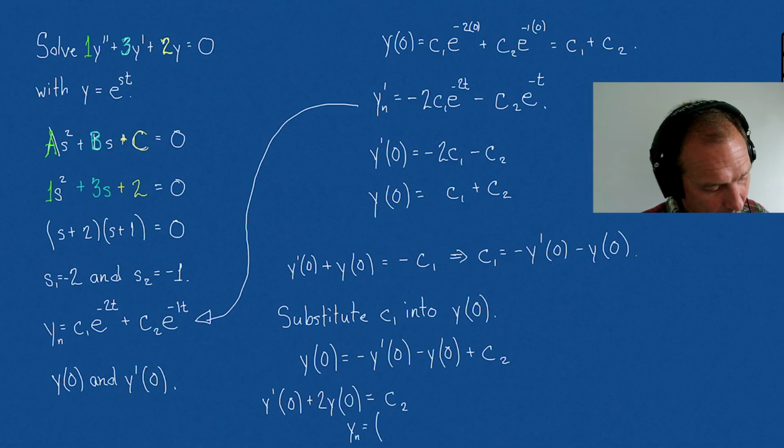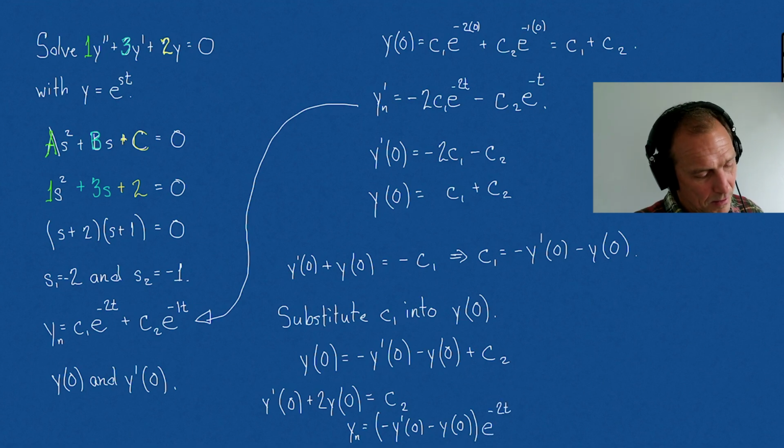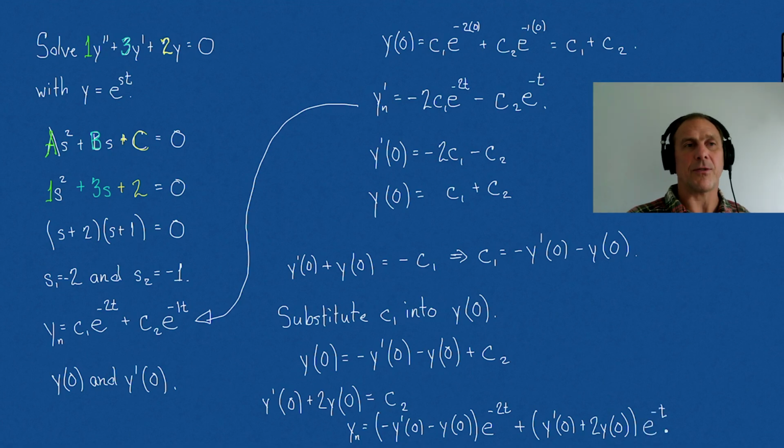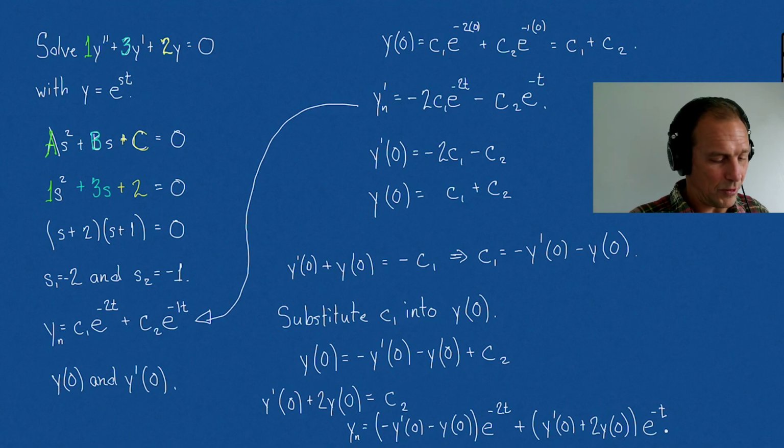So this is minus y prime of 0 minus y of 0 times e to the minus 2t, plus my C2, well, C2 is y prime of 0 plus 2y of 0 times e to the minus t. And that's the first solution with real roots.